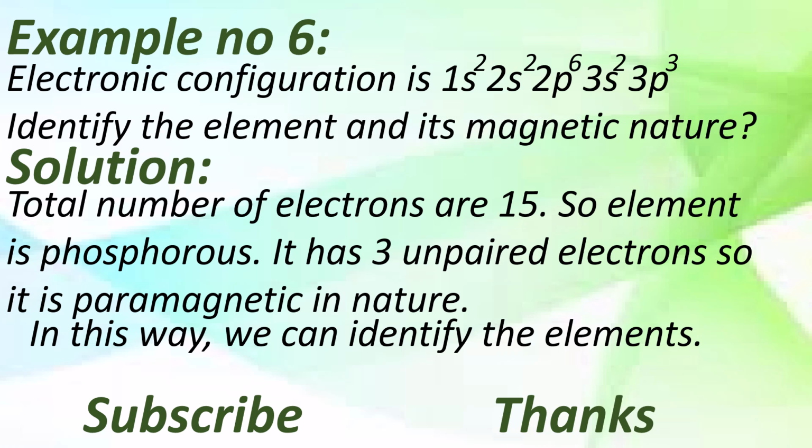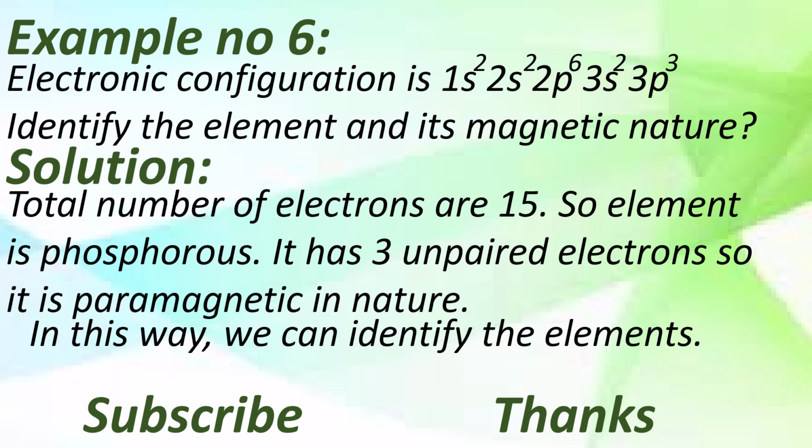So in an atom, electrons are revolving around the nucleus and their spin determines whether it is paramagnetic or diamagnetic. One electron in an orbital moves clockwise, the other anti-clockwise, cancelling their effect.